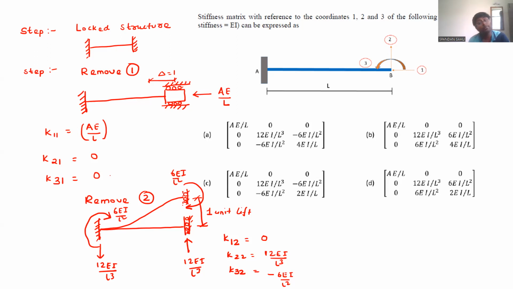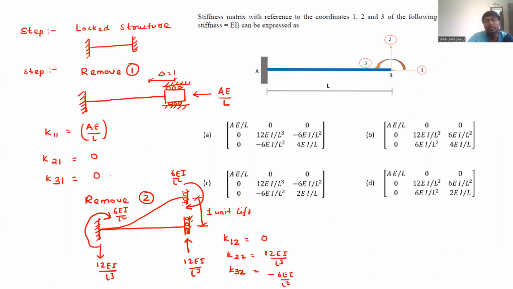So K22 will be positive. Why? Because your second coordinate and the reaction coming are both along the same orientation. So what will be the sign convention? Plus. In a minus. I got it.